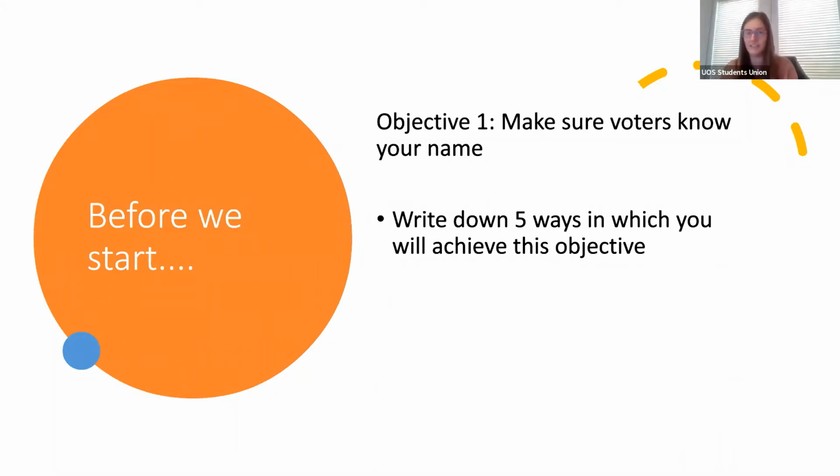I don't want you to leave this session without having at least 5 ideas, 5 ways in which you will achieve the objectives of people knowing your name. People who have never heard who you are, people who, they're not your mates, they're just people studying something else, you don't know them, but your goal is for them to know your name. How are you going to achieve this?